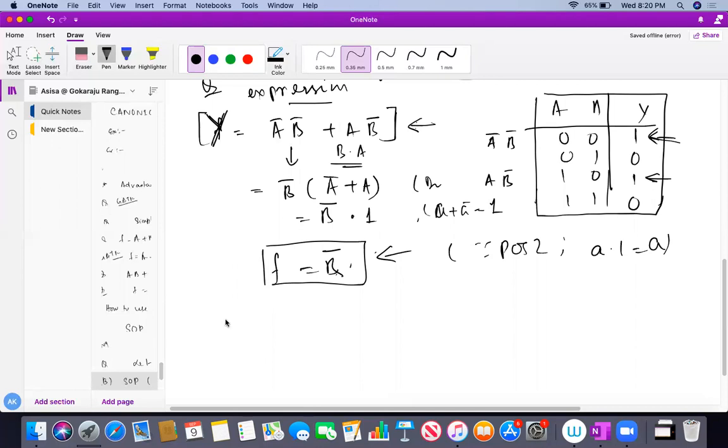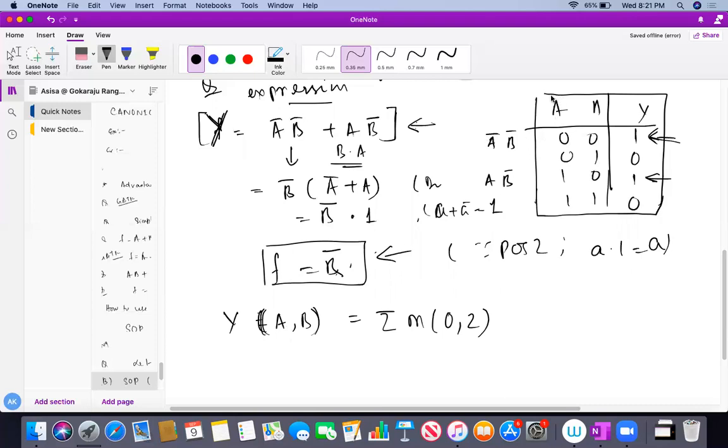So Y can also be written in this way, students. What is that? Y of A comma B. A comma B means Y is a function which is taking the variables A and B. So which is actually summation of M 0 comma 2. What is summation of 0 comma 2? This is logic.